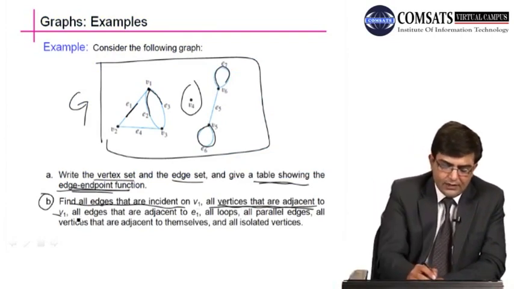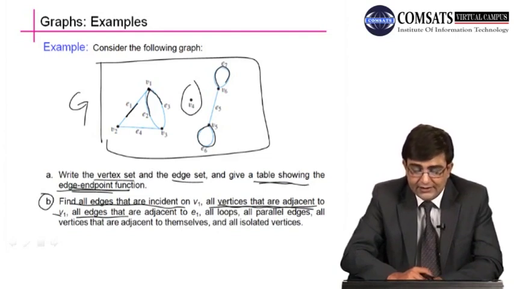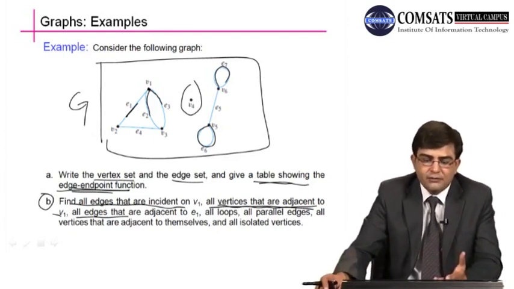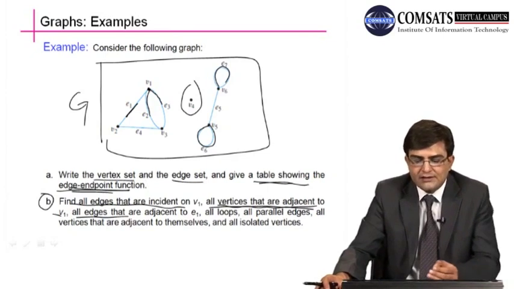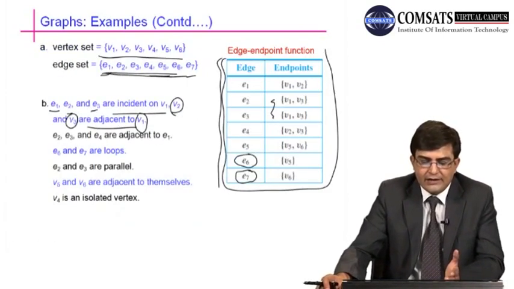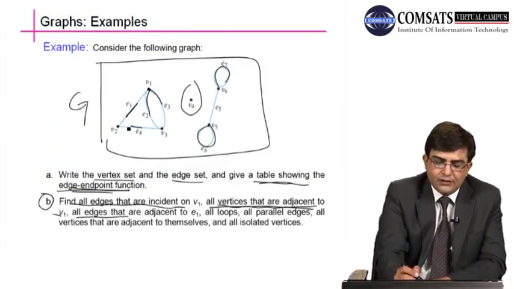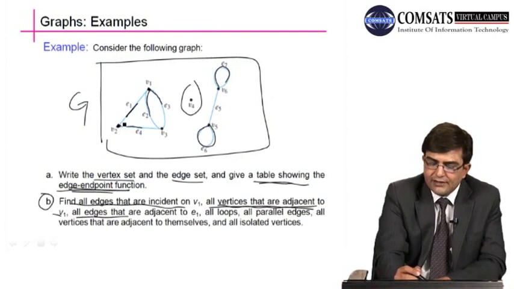Now in the next part of this question, all edges that are adjacent to E1. So adjacent to E1, you can see from the graph, E2, E3 and E4 are adjacent to E1, because E4 is connected to this vertex and E1 is also connected to this vertex.